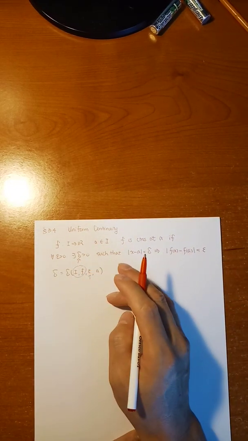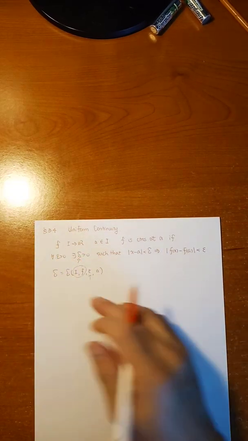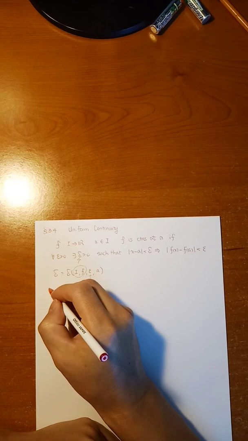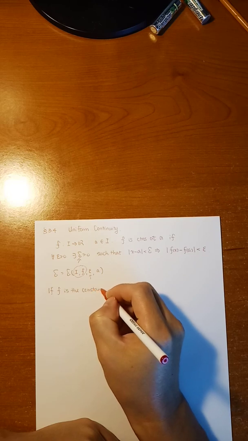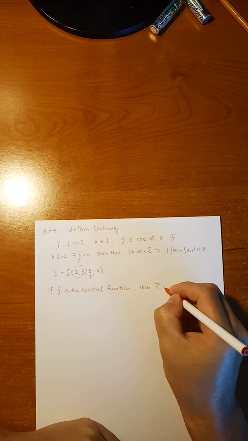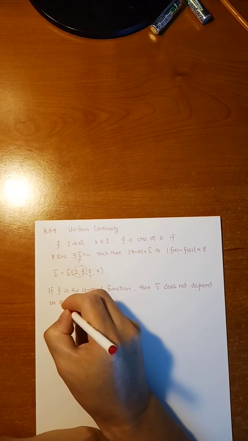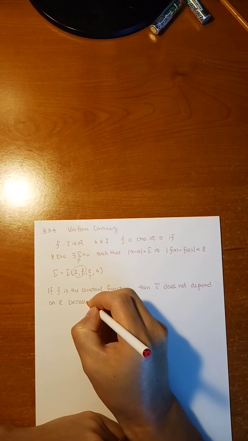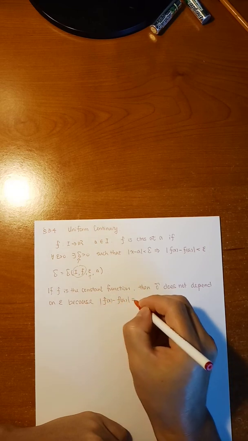If the function is a constant function, then delta does not depend on epsilon, because if you have a constant function, this difference |f(x) minus f(a)| is always 0.